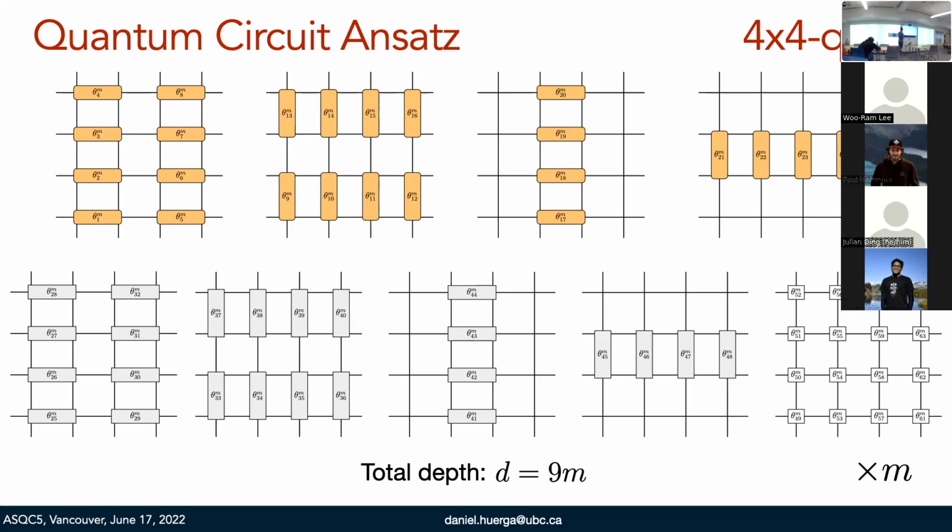And interestingly, with this same depth of 9 layers, we can go up to 6x6 qubits. So we have a structure which has a finite depth for an even number of qubits.